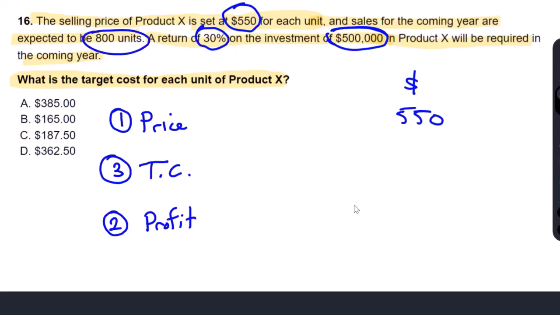So that would be $500,000 times 30%, 0.3, divided by 800 units. And that comes to 187.5.